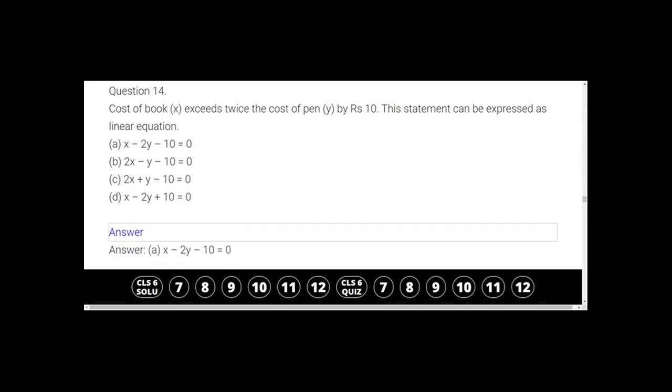How D? Cost of a book exceeds the cost of a pen. So X is book, then pen is Y. So X is equal to 2Y plus 10. Correct? Yes, ma'am.